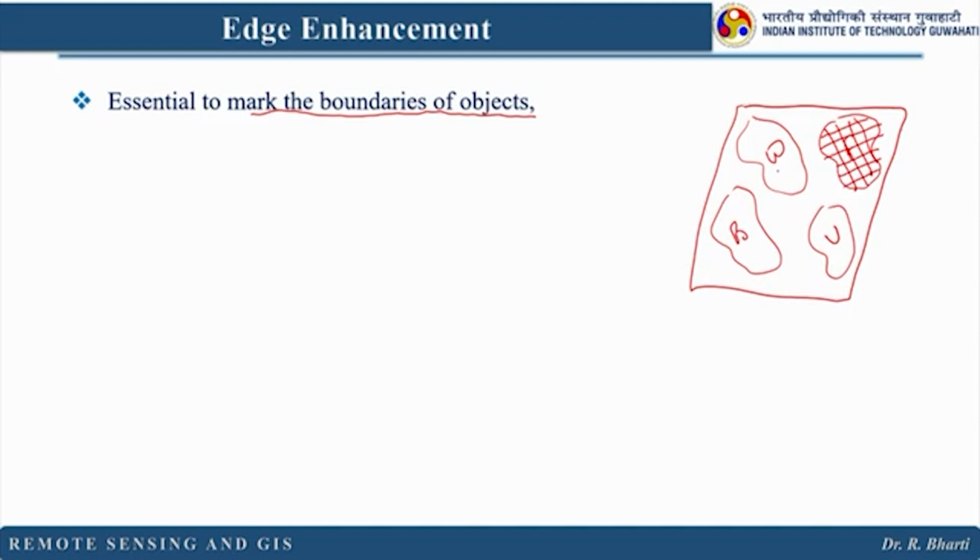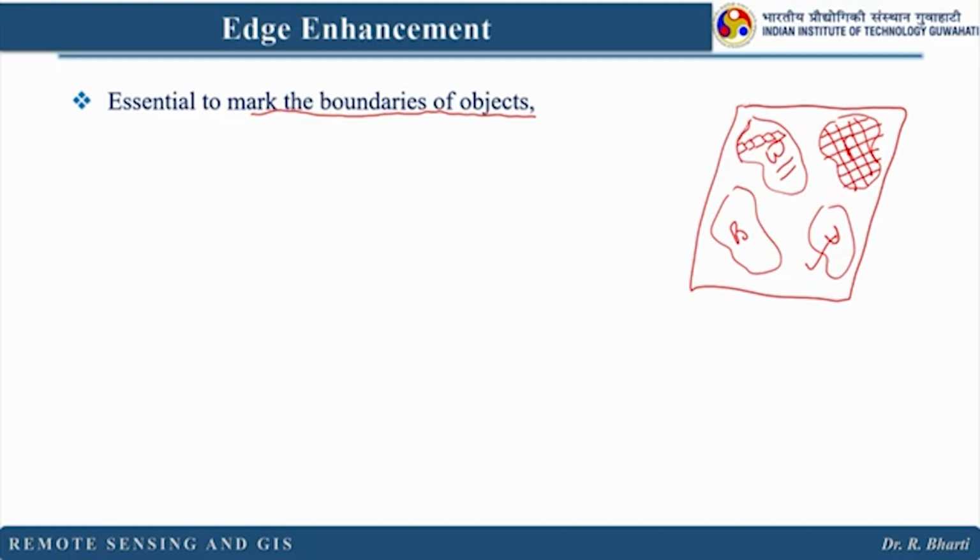If you want to estimate the area of this lake, again you need to find out this boundary, then only you will be able to calculate how many pixels are lying in it, right? Similarly, for all other categories, edge is an important parameter.